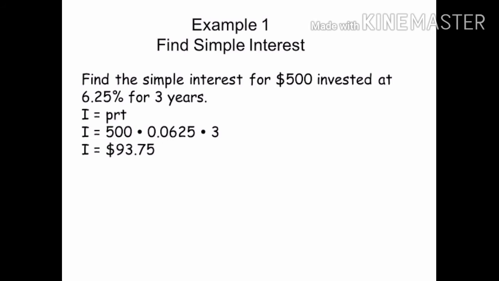So our I is equal to $93.75. Then we add it: A equals P plus I, so 500 plus 93.75. The money you will get is 593.75.